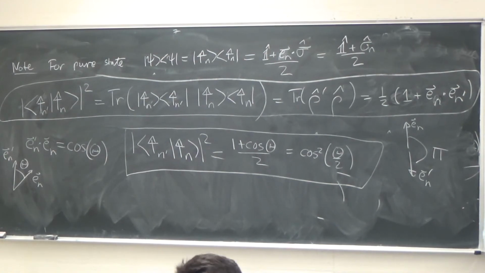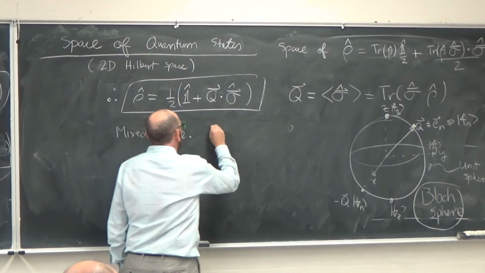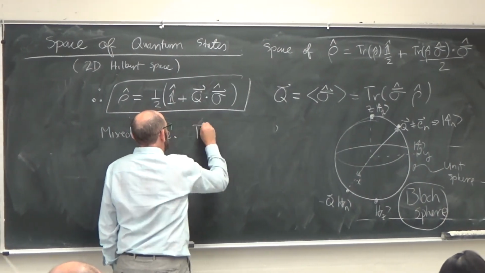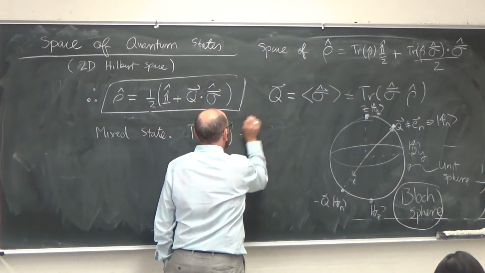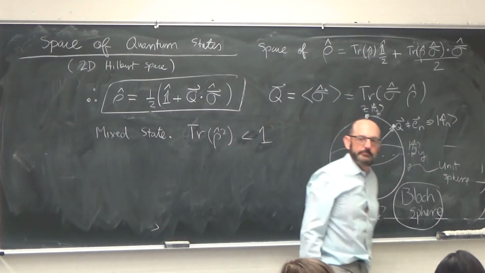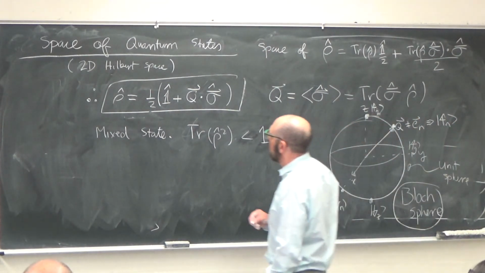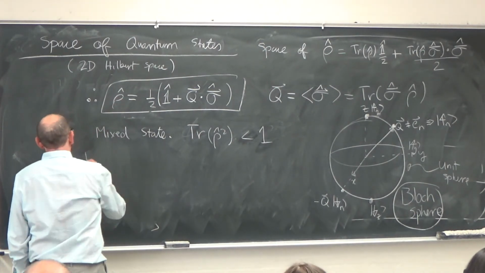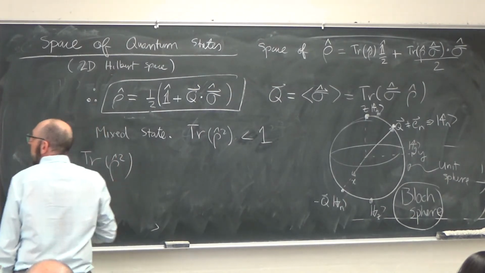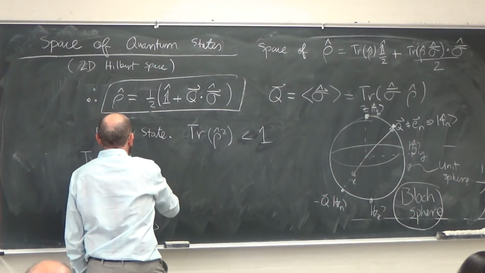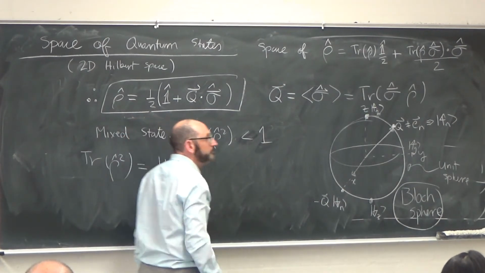So, for a mixed state, we know that the trace of rho squared is less than 1, right? In fact, with the same kind of trickery that I just did, now for these guys, this is going to be equal to (1 plus the magnitude of q squared) over 2.